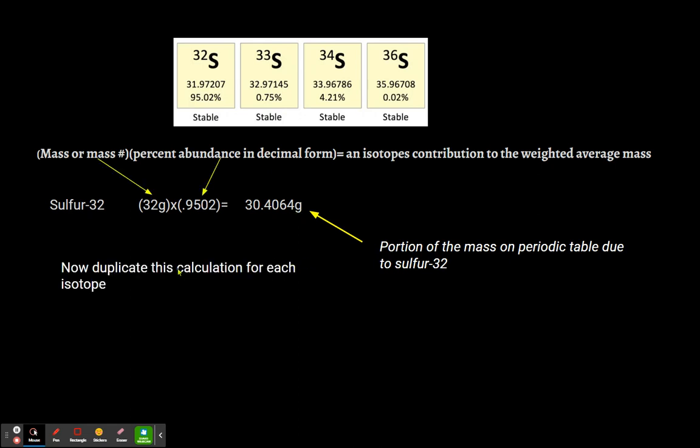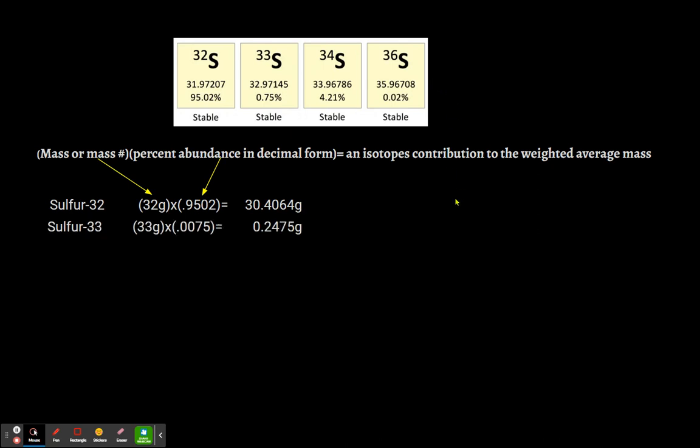Now, I'm going to duplicate this calculation, mass times percent as decimal, for each of the isotopes that I'm giving information regarding. So for sulfur 33, I would multiply the mass number 33 by the percentage as decimal, 0.0075, to get this total.